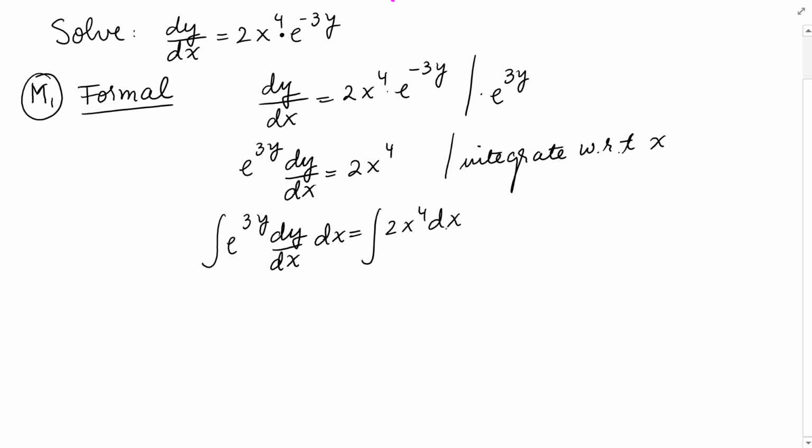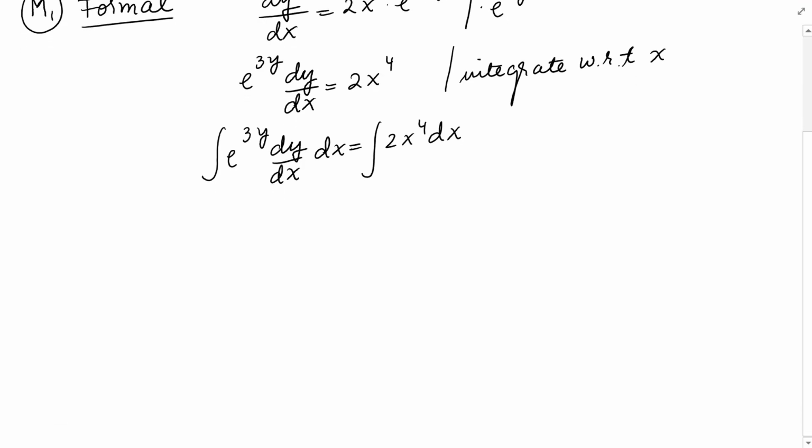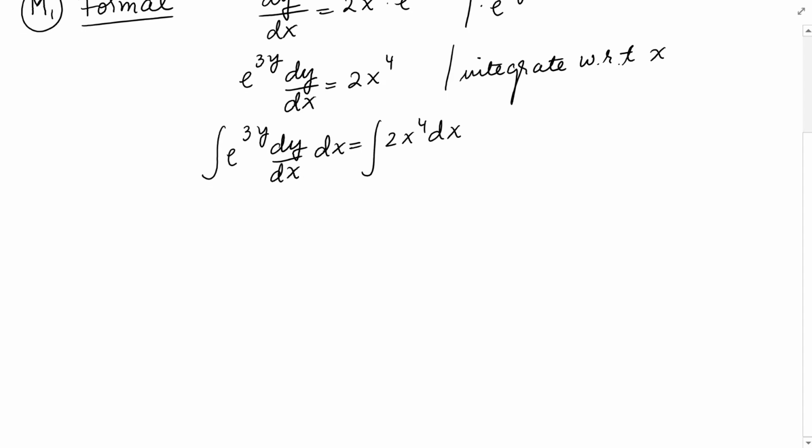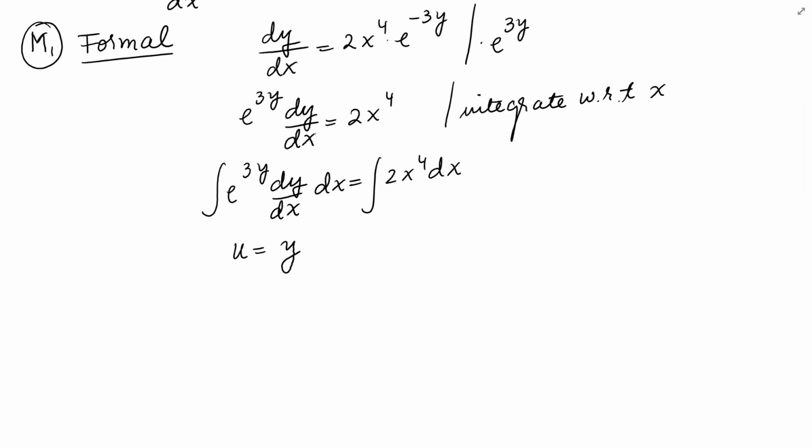So everything that we did so far is mathematically correct. We multiply by a function, we are integrating with the same variable, and so on. Now, we're going to use this substitution. u equals y, and let's not forget y is a function of x, right? dy/dx is telling me that the independent variable is x and the dependent variable is y. So we're going to write u equals y of x.